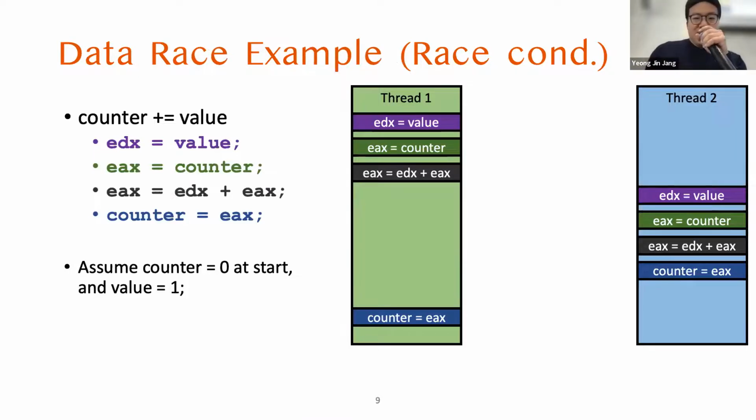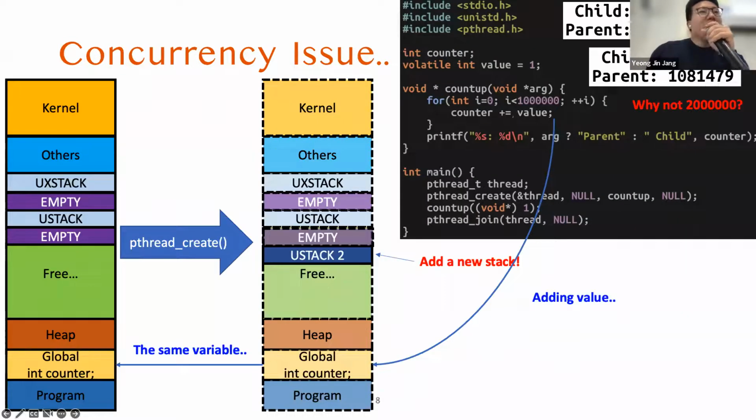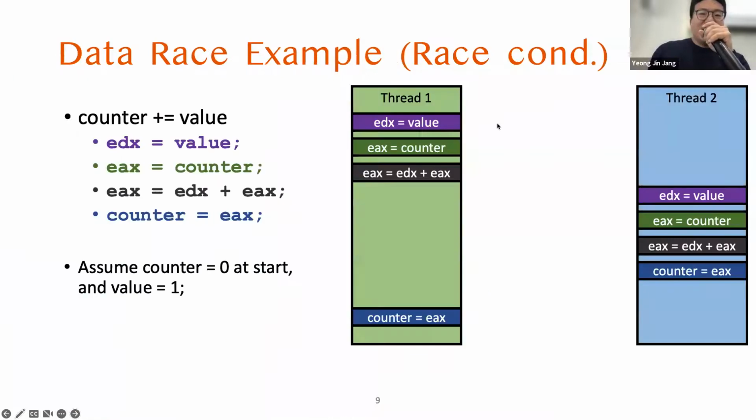Even if the code for counting up the value looks like one line, in assembly language that could be split into 4 lines. The first line is for fetching the value 1, the second line is for fetching the counter, the third line is adding the value, and the fourth line is writing the value.